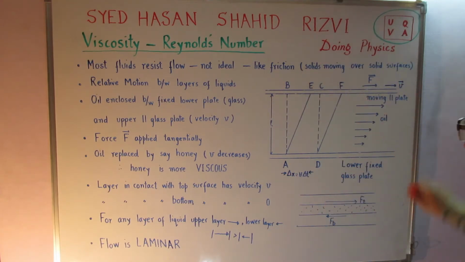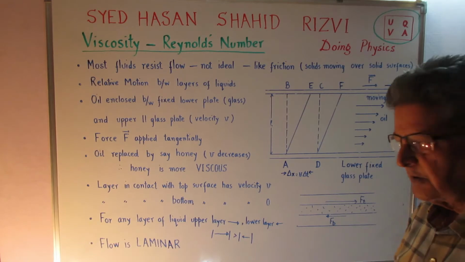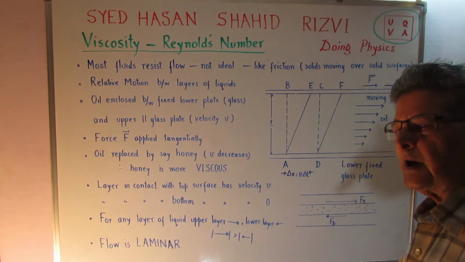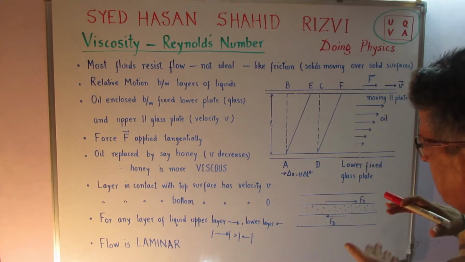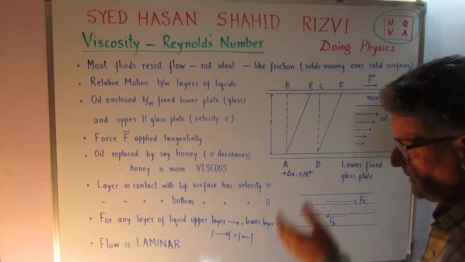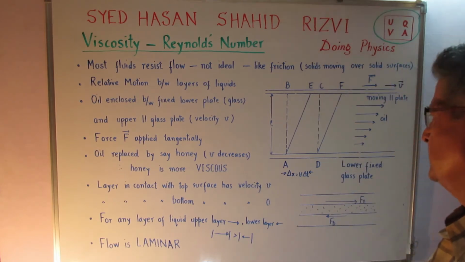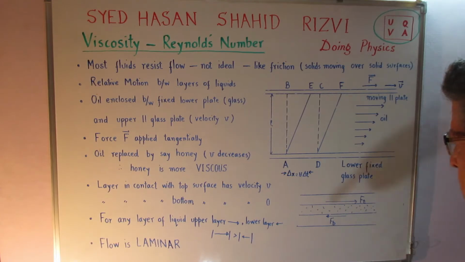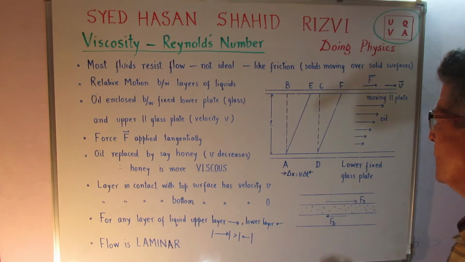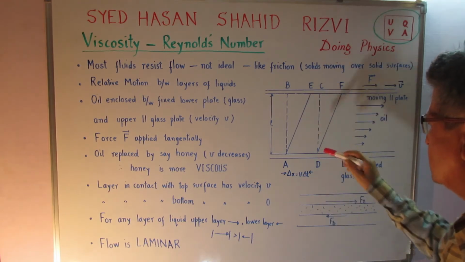It's just like in the case of the modulus of rigidity, like you can see with a book: we offer a force on the top of it, and then the pages shift. So similarly, I've just shown you here, this is the oil which is enclosed between these two glass plates.